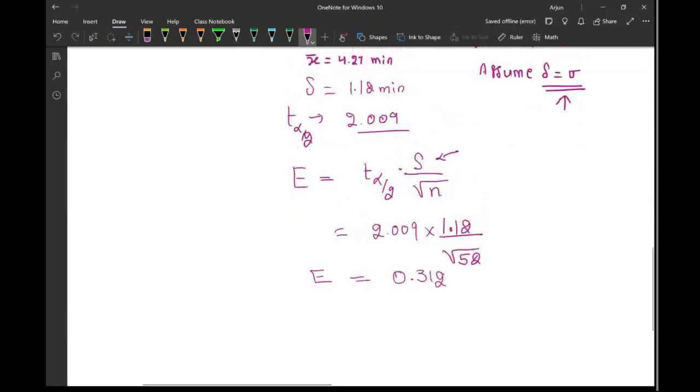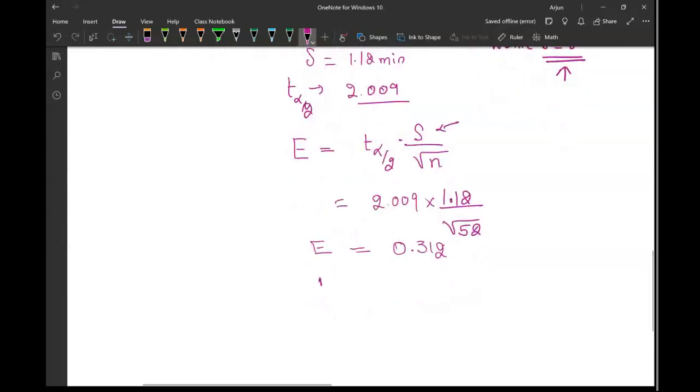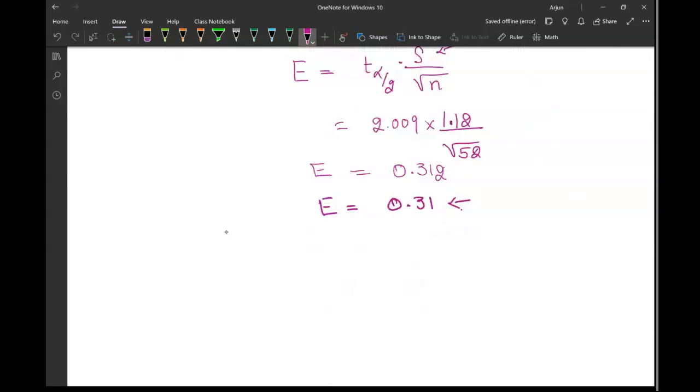Now I'm going to look into what is the x bar value, that is up to 2 decimal places. So margin of error is 0.31. That is the margin of error. Now I'm going to create an interval: x bar minus e less than mean, and the mean is less than x bar plus e.